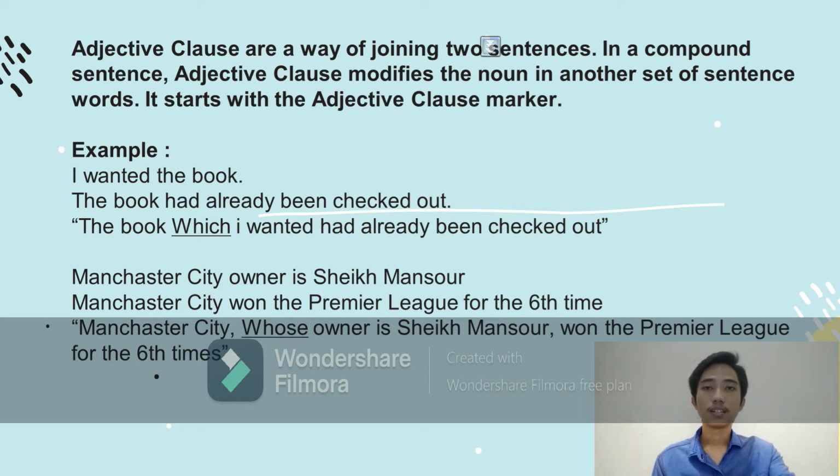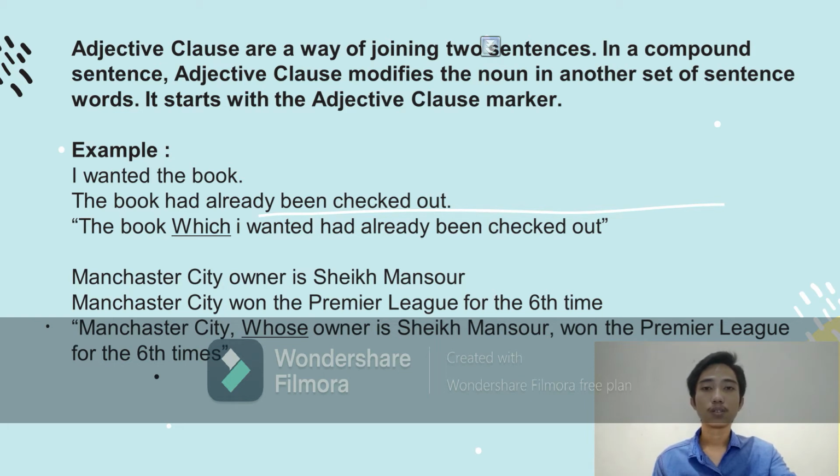And then the second example, we also have two clauses. The first clause is Manchester City owner is Sheikh Mansour, and the second clause, Manchester City won the Premier League for the sixth time. The same as before, we just need to find the same noun from these two clauses, and the same noun is Manchester City.